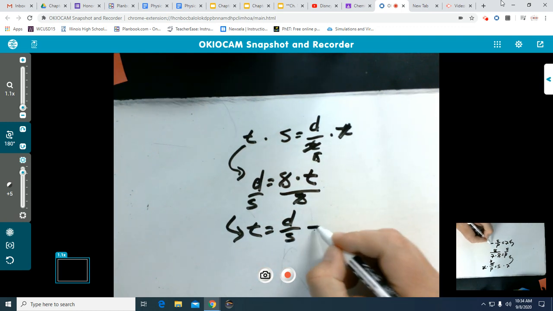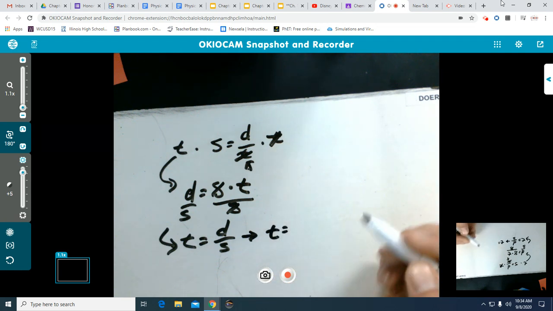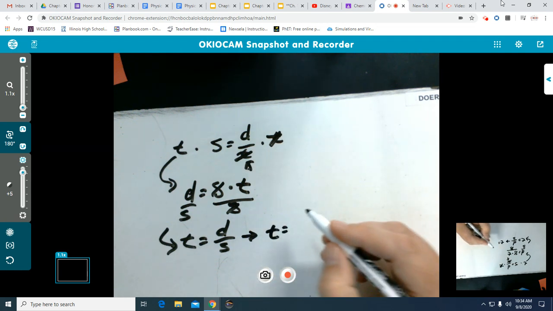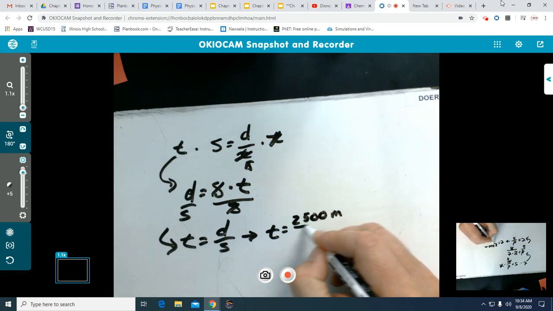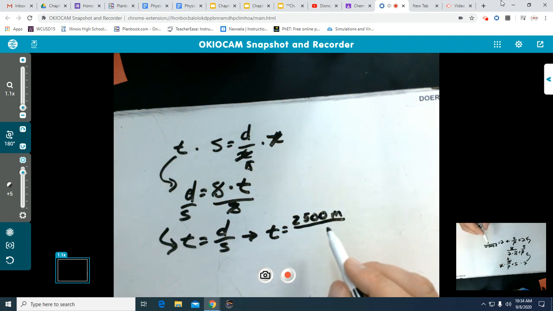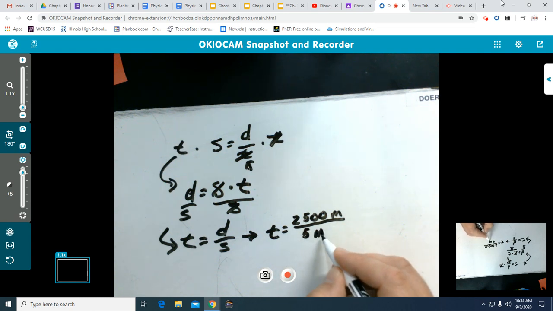And so once we've got that set up, we can take our known values. Our distance was 2,500 meters and a speed of 5 meters per second.